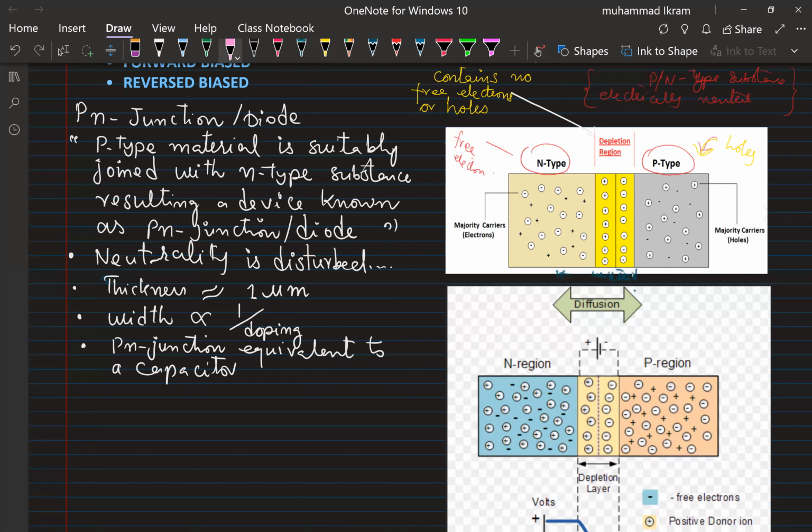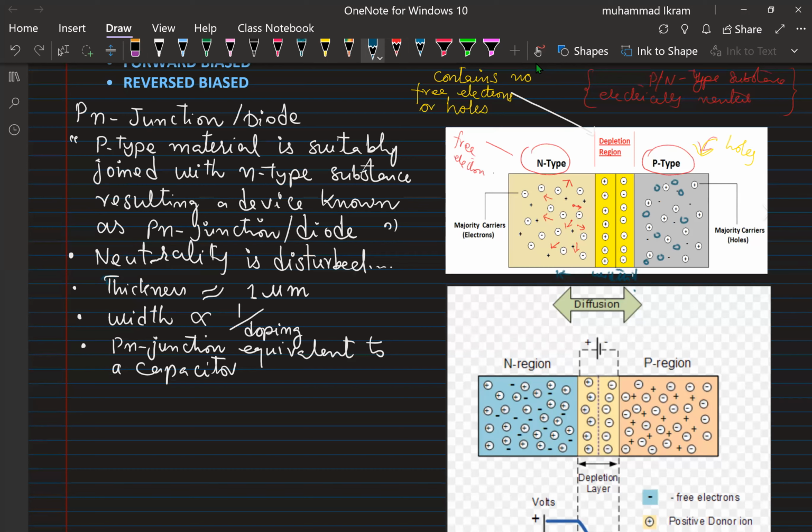For example, you know that we have free electrons, and I would like to represent the free electrons by this red arrow, while I will denote the holes, the vacant sites, by these blank circles, like this one.